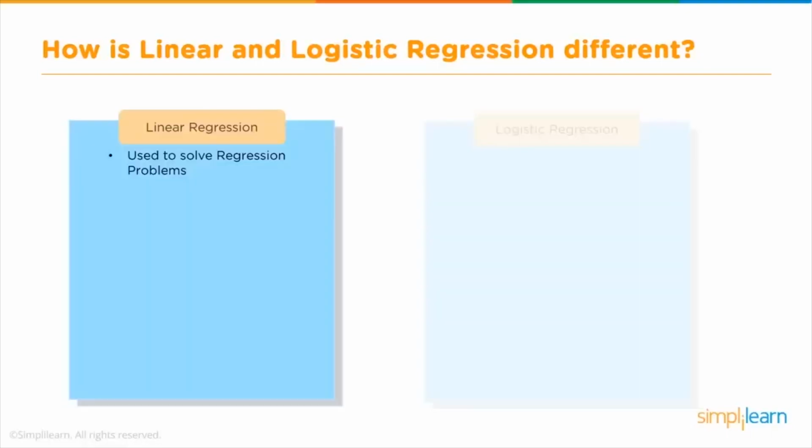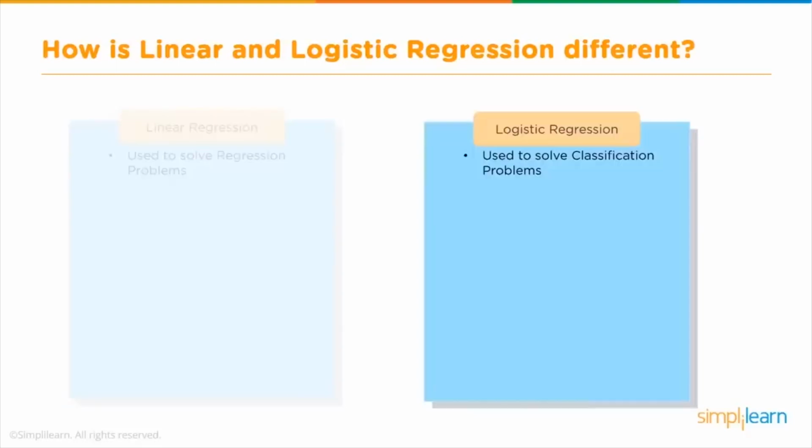So linear regression is used to solve regression problems, and logistic regression is used to solve classification problems. Both are called regression, but linear regression is used for solving regression problems where we predict continuous values, whereas logistic regression is used for solving classification problems where we have to predict discrete values.